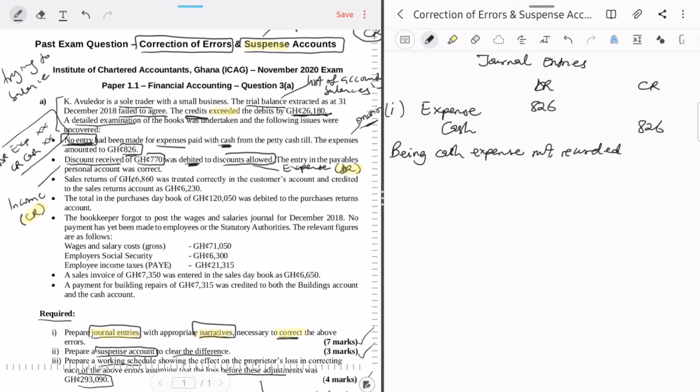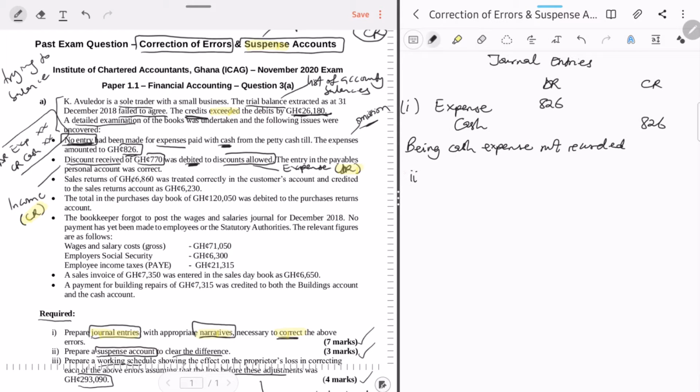So the next thing is this transaction. So here, discount received of 770 was debited to discount allowed. So remember I just said here that discount received is income, so it should have been credited. But here they say the person debited it instead to discount allowed. So this is something that they have done wrongly.